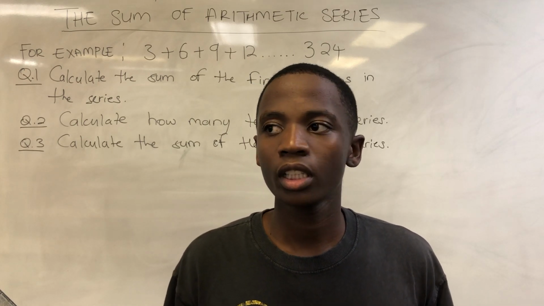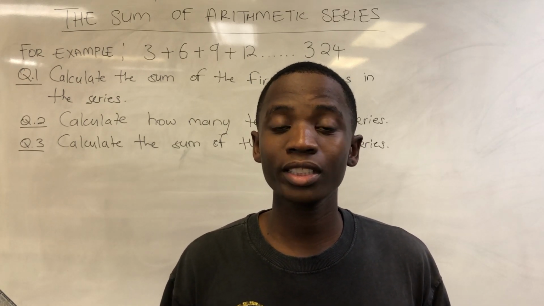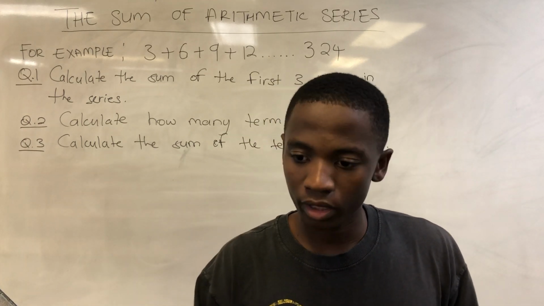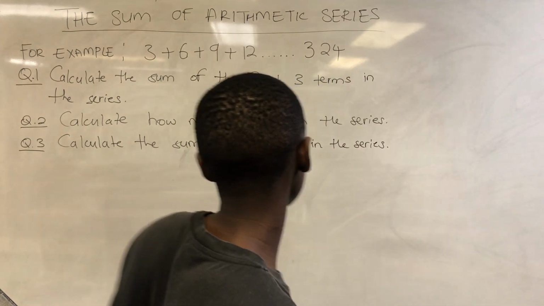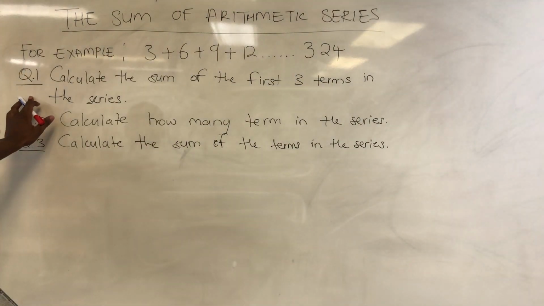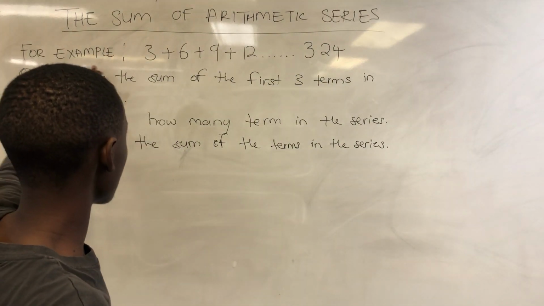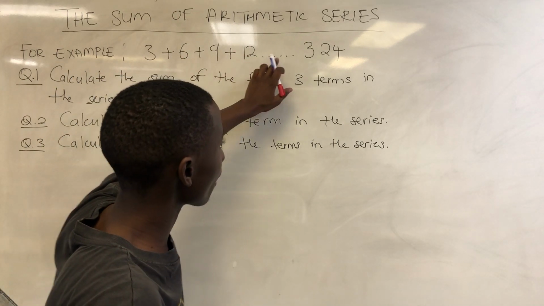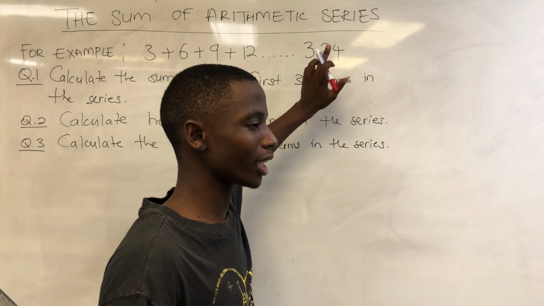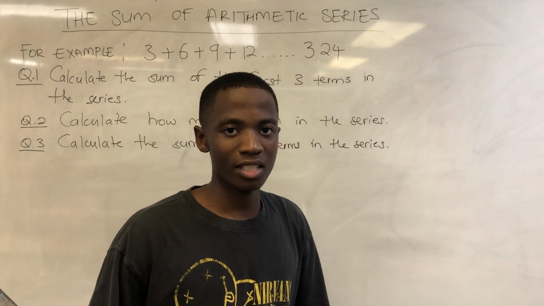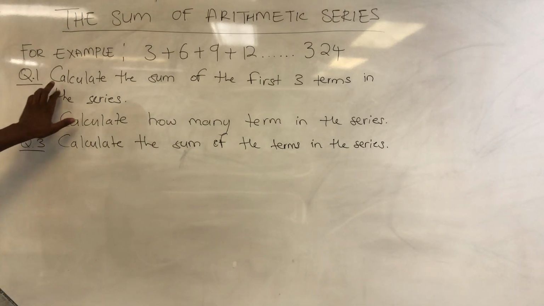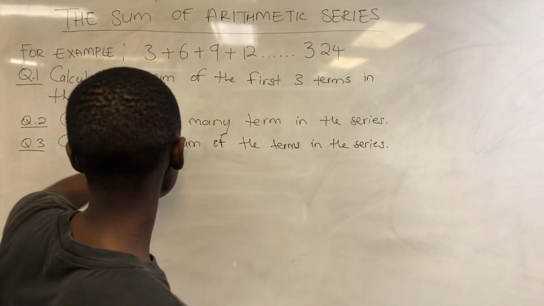The intention of a series is to calculate the sum of the terms in a particular series in a systematic way. The very first question, which is an example: we have 3 plus 6 plus 9 plus 12 up until 324, and 324 is the last term. Question 1 says calculate the sum of the first three terms in the series.